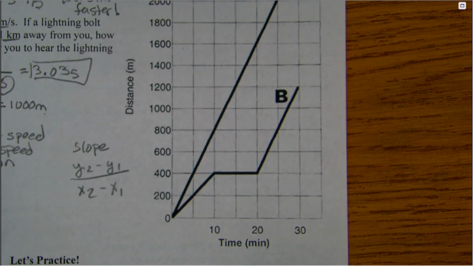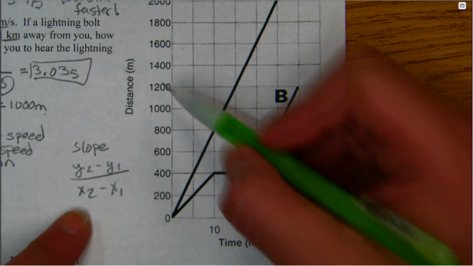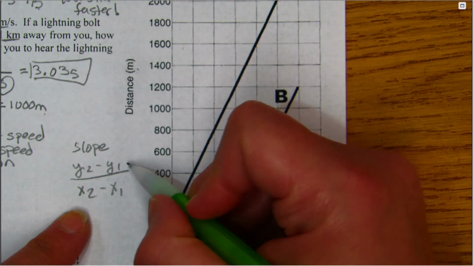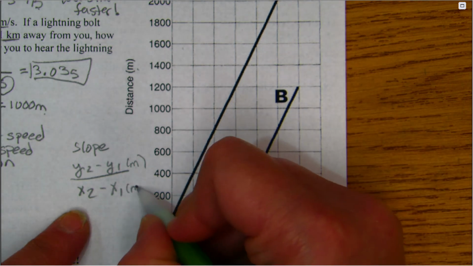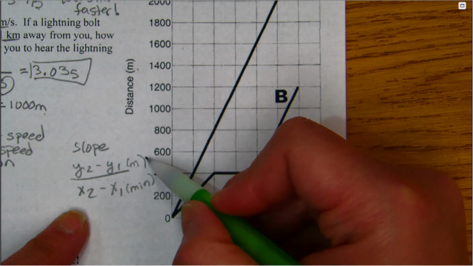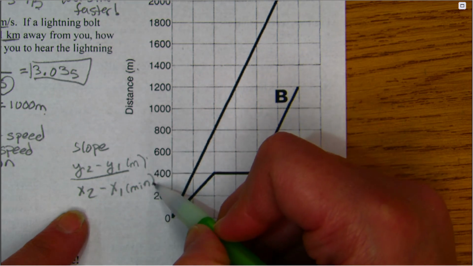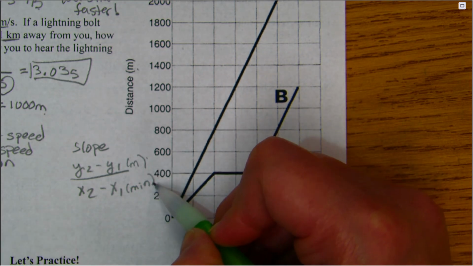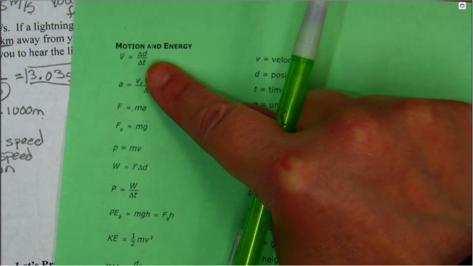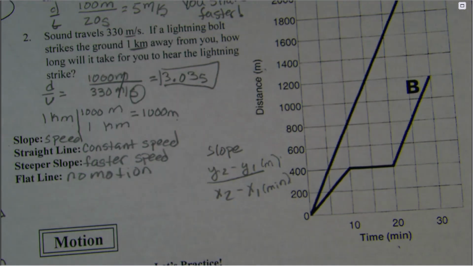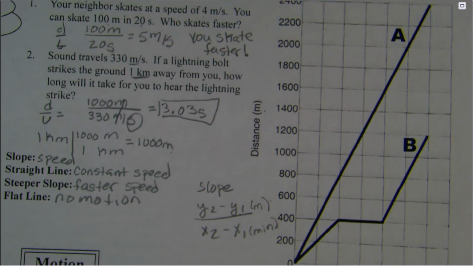Because y is the distance in meters, and x is the time, in this case in minutes. So I have distance divided by time, which does match my formula for velocity. A straight line means a constant speed.